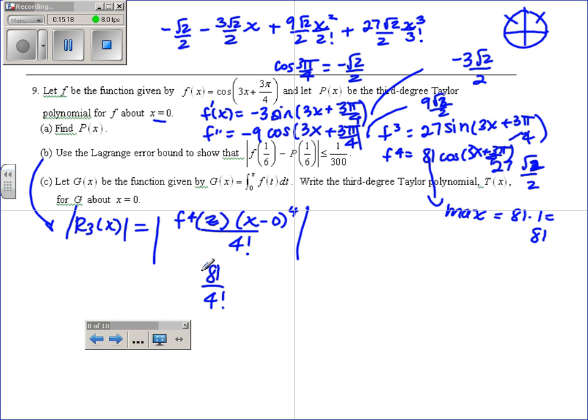And so that means that specifically the remainder at 1/6, times x to the 4th, would be 81 times 1/6 to the 4th over 4 factorial.